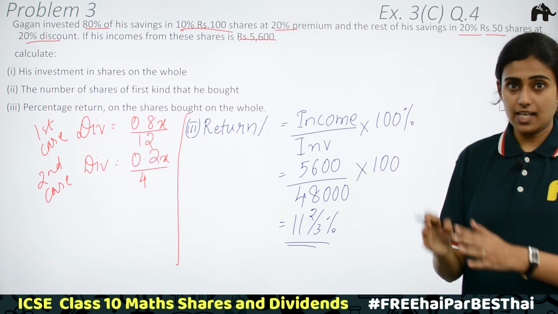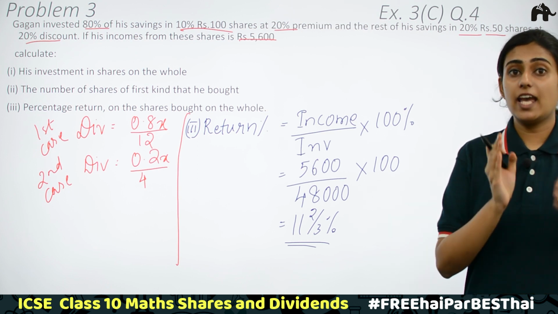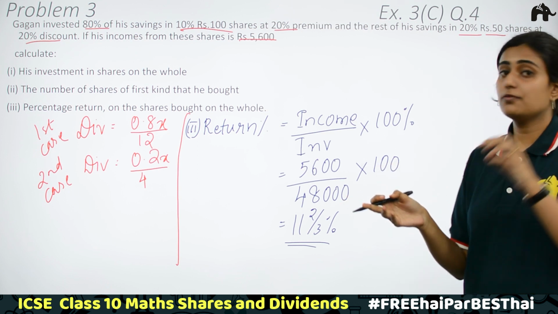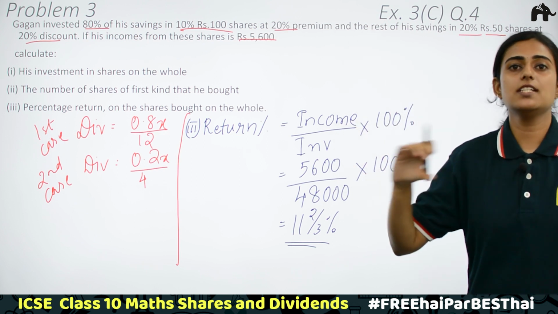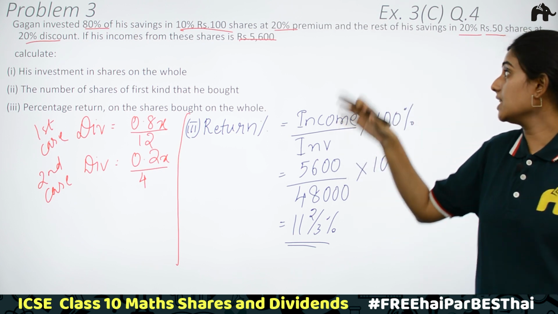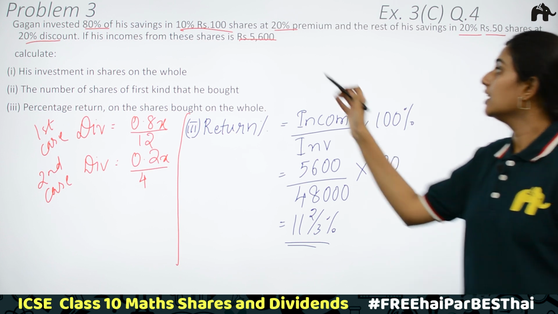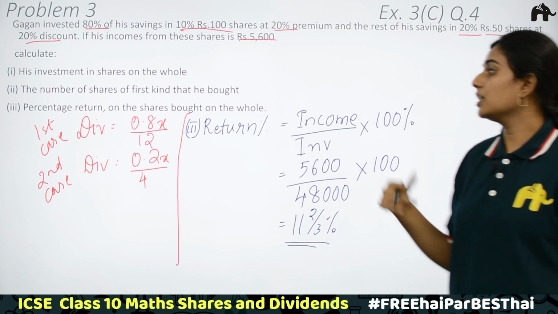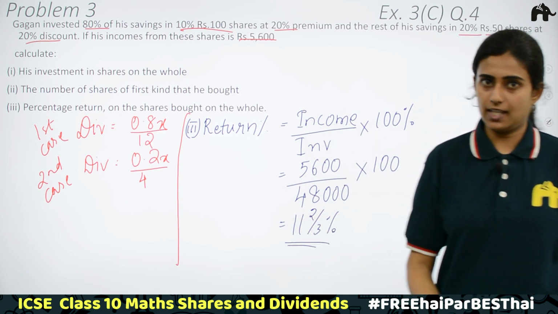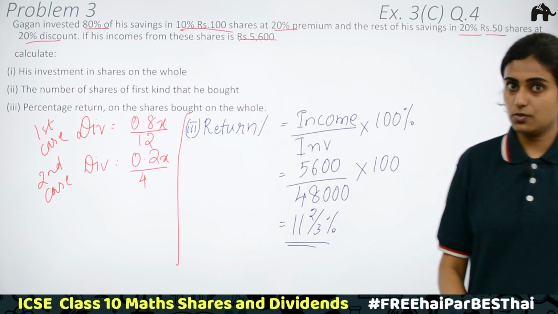We have taken X as the savings. This X amount he had invested in both the shares, that is 80% he invested in the first case and the remaining 20% he invested in the second case. In the question, the dividend or the income was given, from which we could calculate the value of X. The value of X is the answer for the first question.